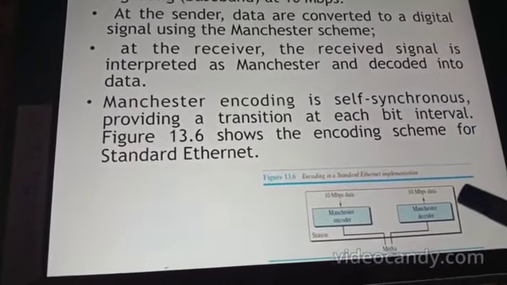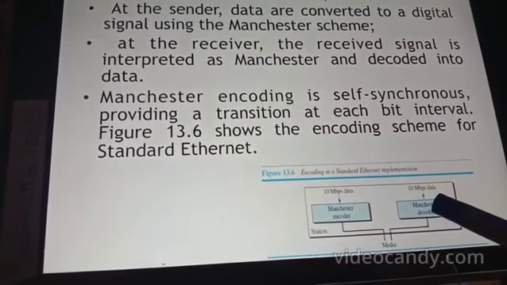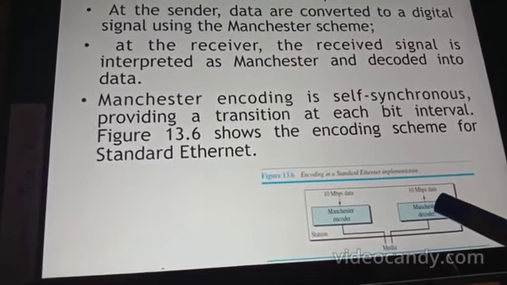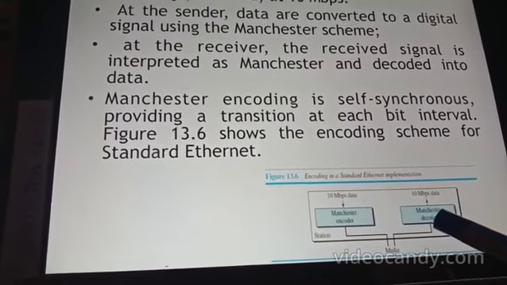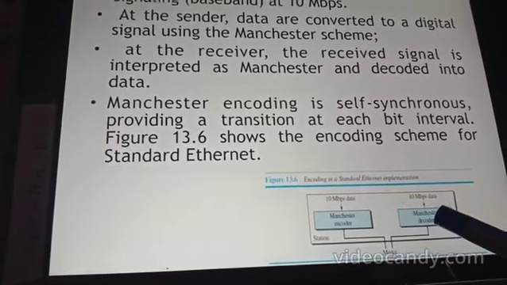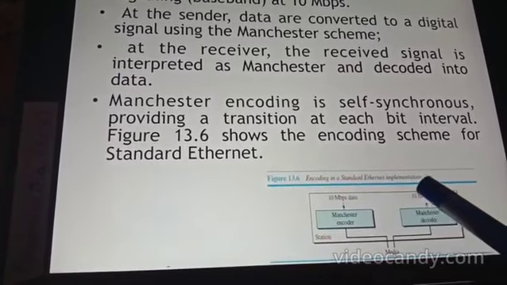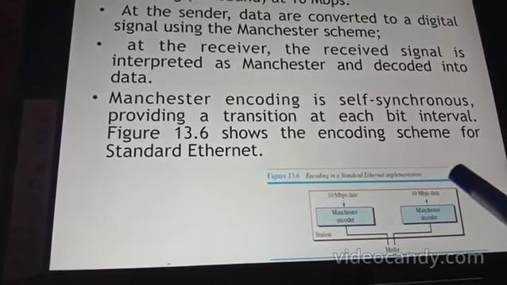It is basically self-synchronous, providing a transition at each bit interval, and the scheme is used in standard Ethernet implementations. Further, the different types of implementations are discussed in the next session.